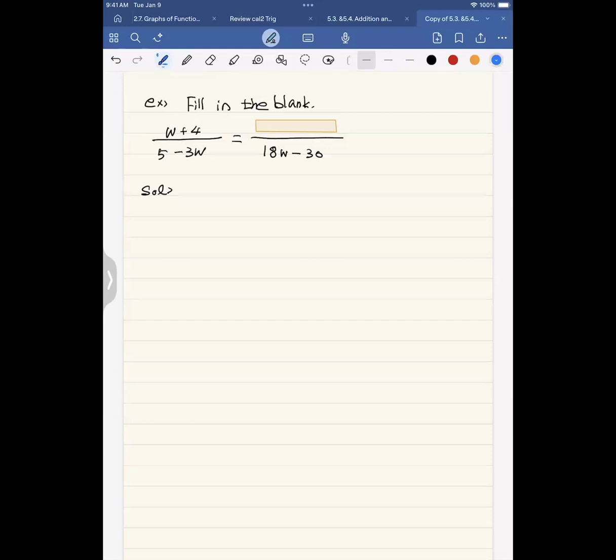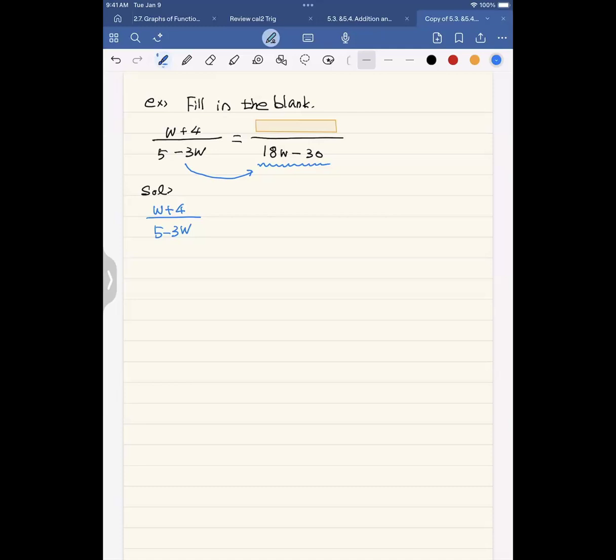In the following problem, we want to figure out the equivalent form of the fraction 2w plus 4 over 5 minus 3w. The way we want to understand the second fraction on the right side is that it's transformed from the first one, 5 minus 3w.